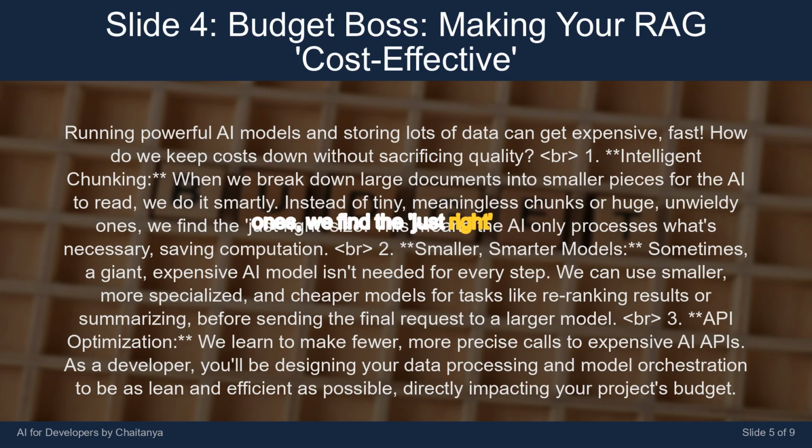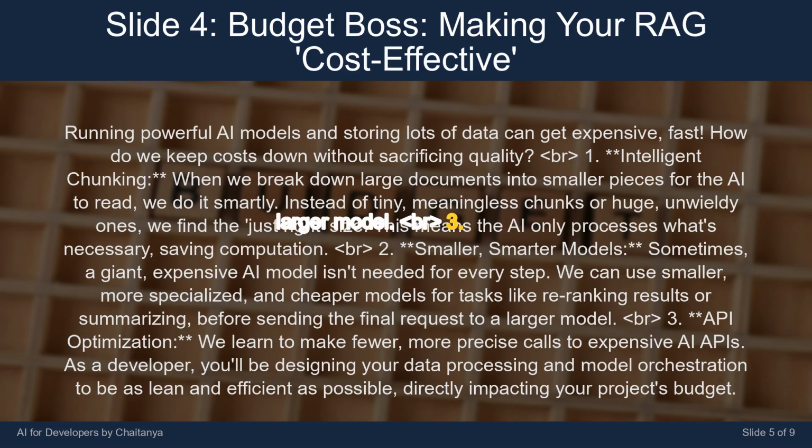This means the AI only processes what's necessary, saving computation. 2. Smaller, smarter models. Sometimes a giant, expensive AI model isn't needed for every step. We can use smaller, more specialized, and cheaper models for tasks like re-ranking results or summarizing, before sending the final request to a larger model.